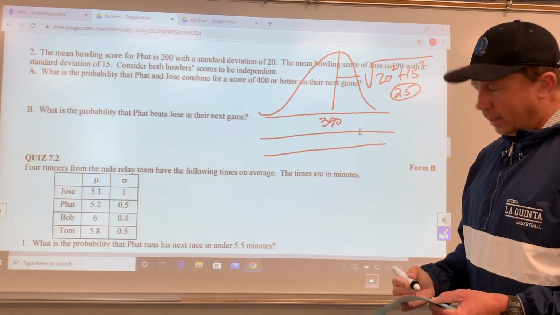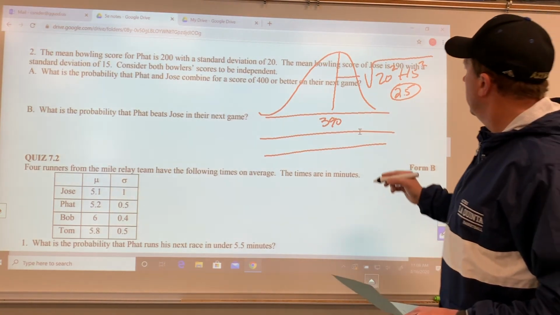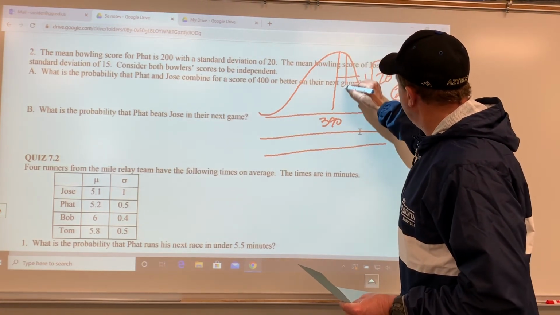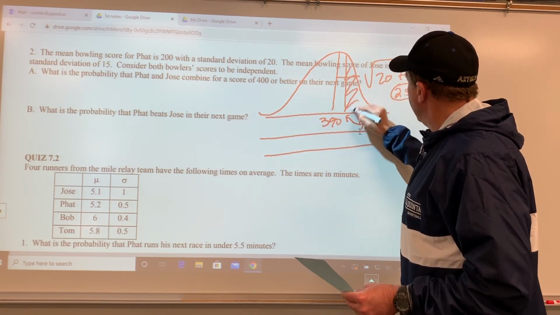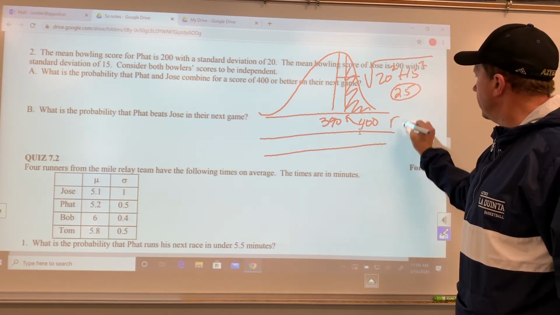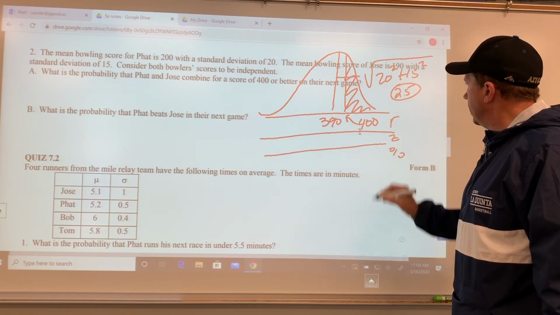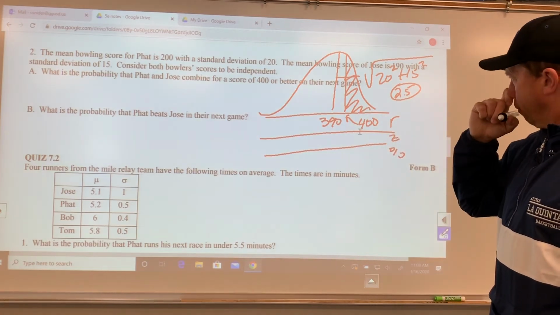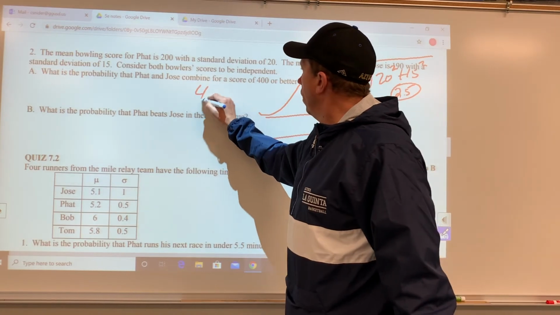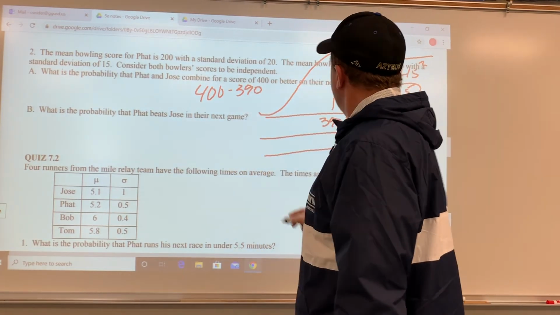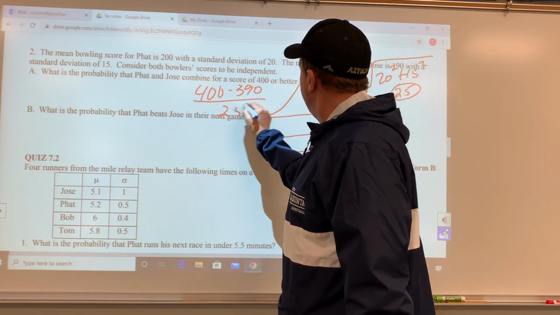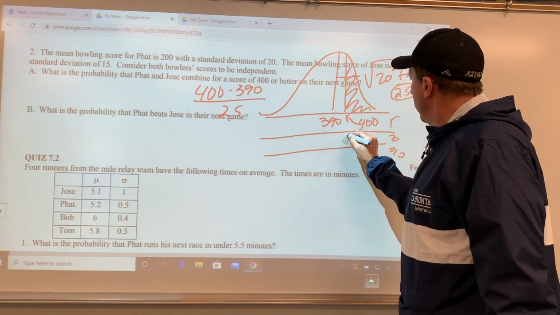And then what are the chances they score 400 or better? Well, 400 is pretty close to the mean, so 400 or better is probably going to be pretty common. That's my raw score, z-score, percentile. To get my z-score for 400, I go 400 minus 390, divided by 25, and that comes out 0.4.